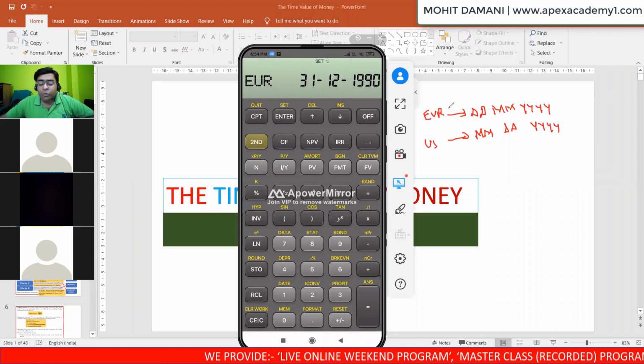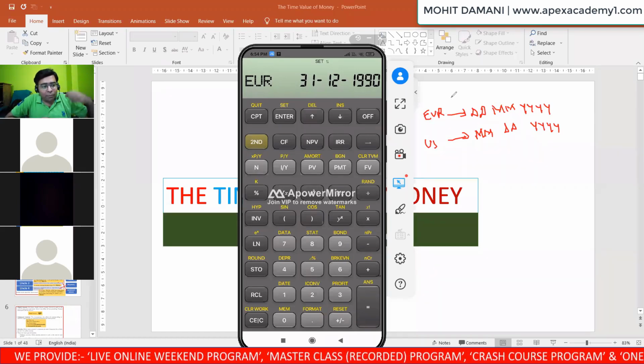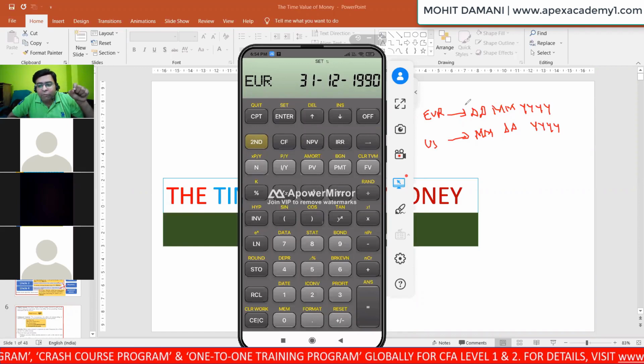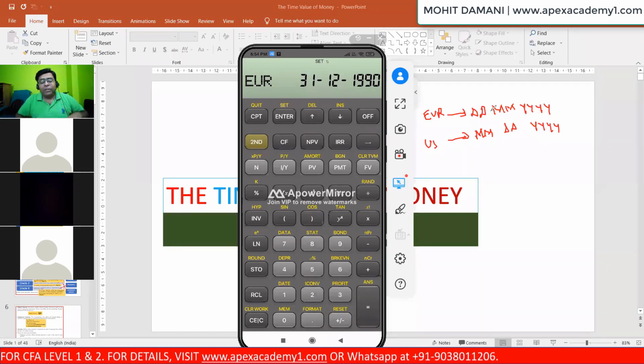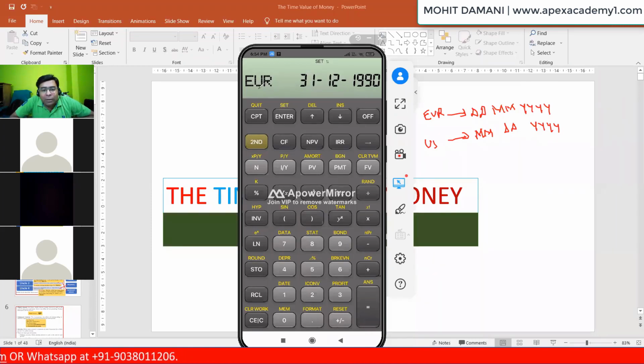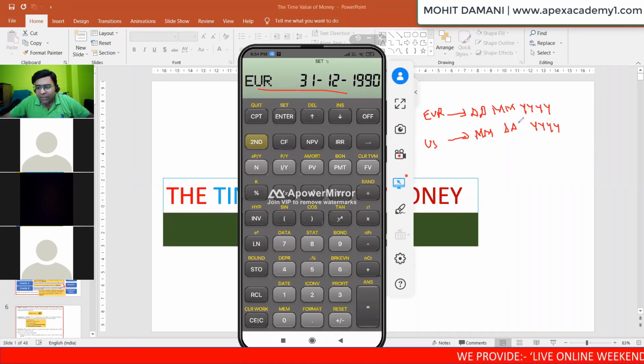Now if a candidate from India, from that part of the world where this particular format is followed, wants to be more comfortable with his or her own format, then what can that person do? That person can do this type of setting. You change yourself from US to EUR. For those who are comfortable in MMDDYY, continue with US. The calculator comes with the default setting of this MMDDYY only. The default setting is this one.